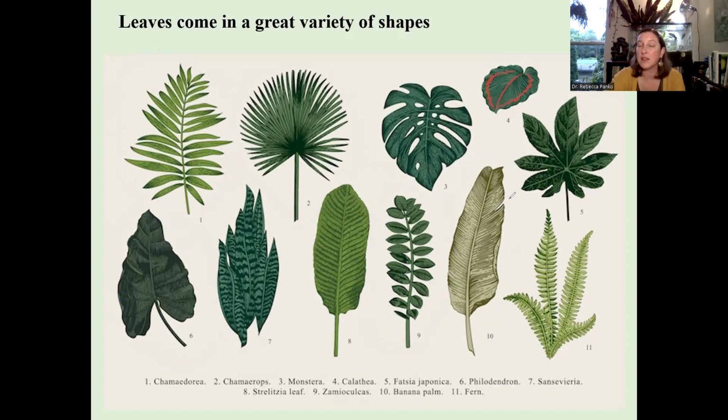Is it because it comes from one stem? Kind of. What it really will be is that there will be an axillary bud at the base of each of these stems, and that's how you know that that's a single leaf. But we will get into that.